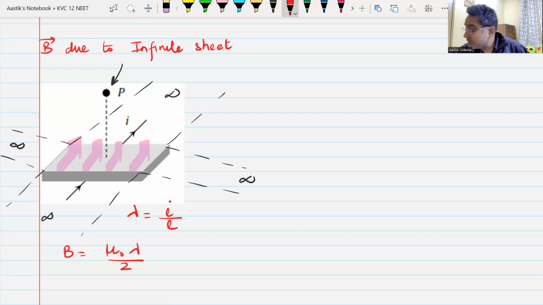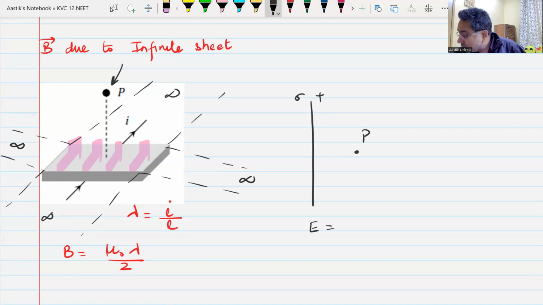If you remember, this is similar to the formula of an infinite sheet of charge. Do we remember the infinite sheet which had a charge density of plus sigma? We had found the electric field at point P was sigma by 2 epsilon naught.